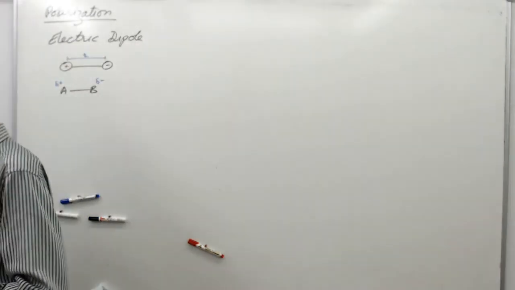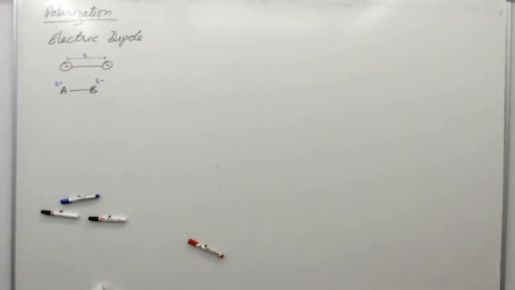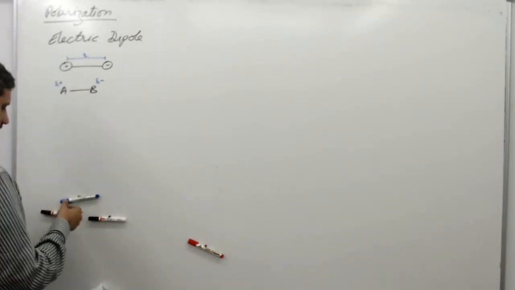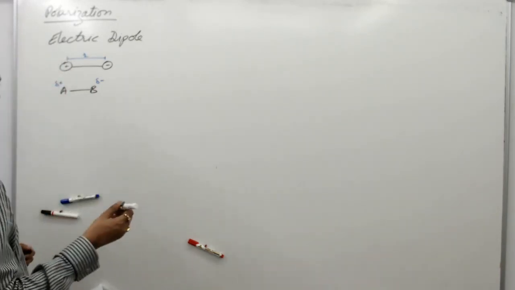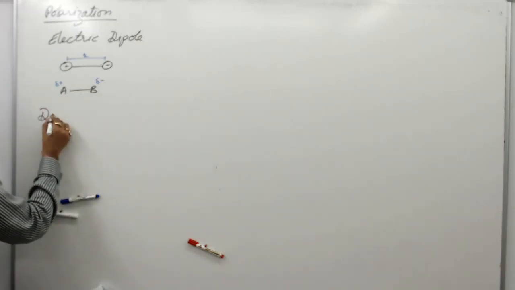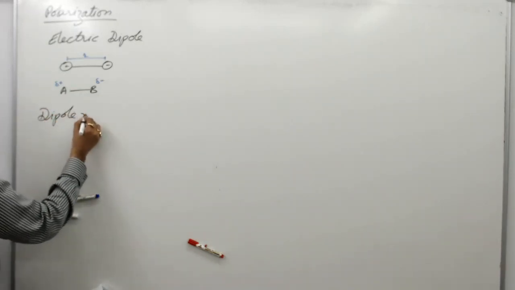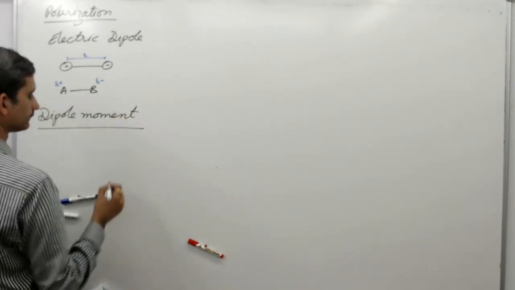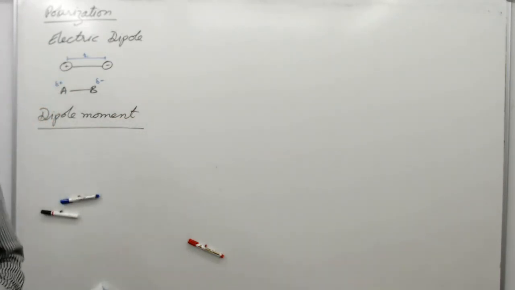So here we are going to talk about chemistry. Now, whenever we talk about the dipole, we talk about something called the strength of the dipole. The strength of the dipole is measured in terms of dipole moment.